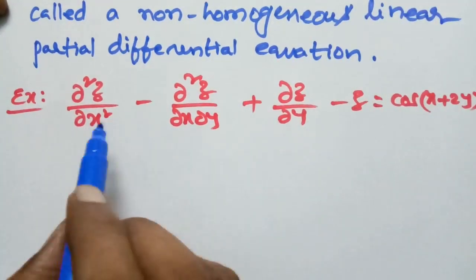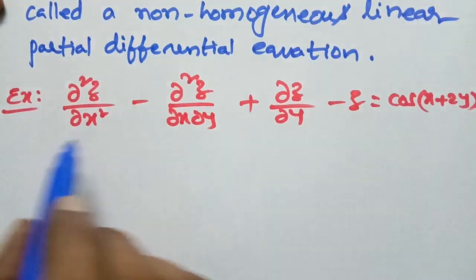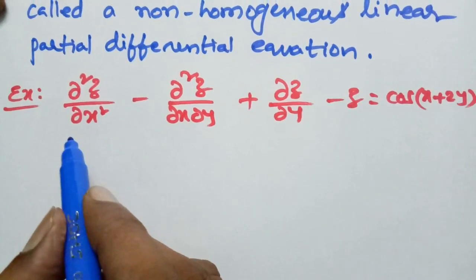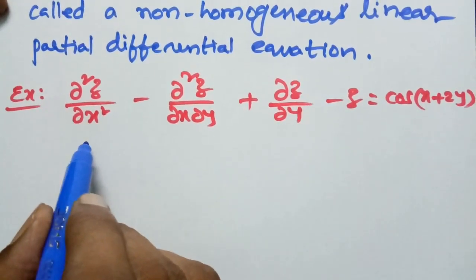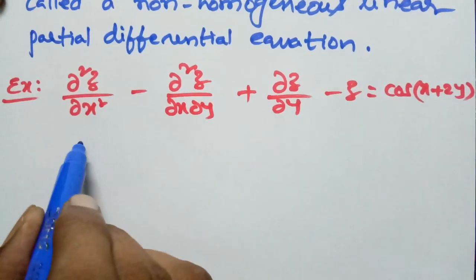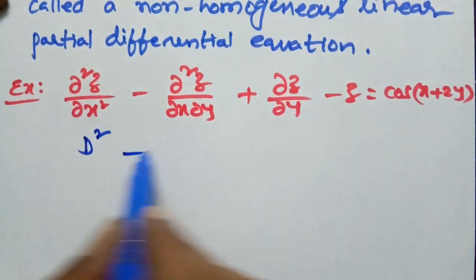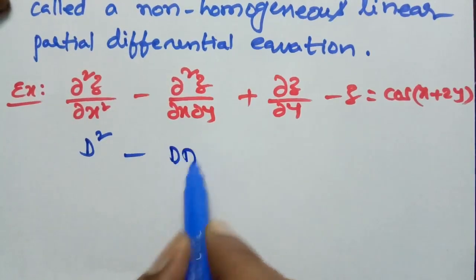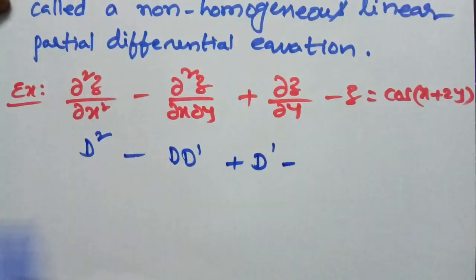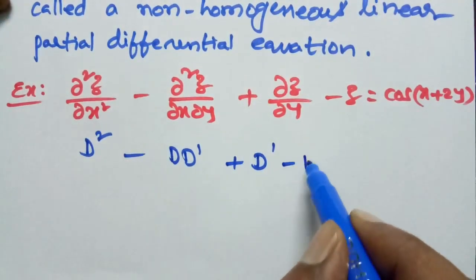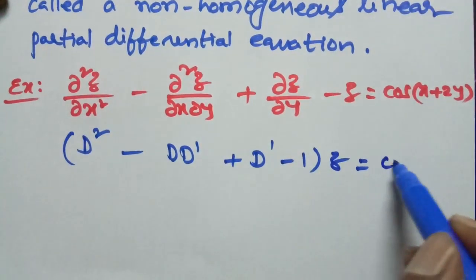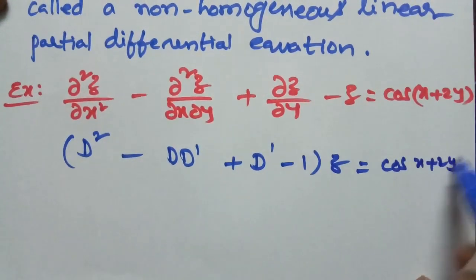This can also be written in capital D and D dash. As we already used the notation capital D for del by del x and capital D dash for del by del y, this is D square minus D dash plus D dash minus 1 into z is equal to cos of x plus 2y.